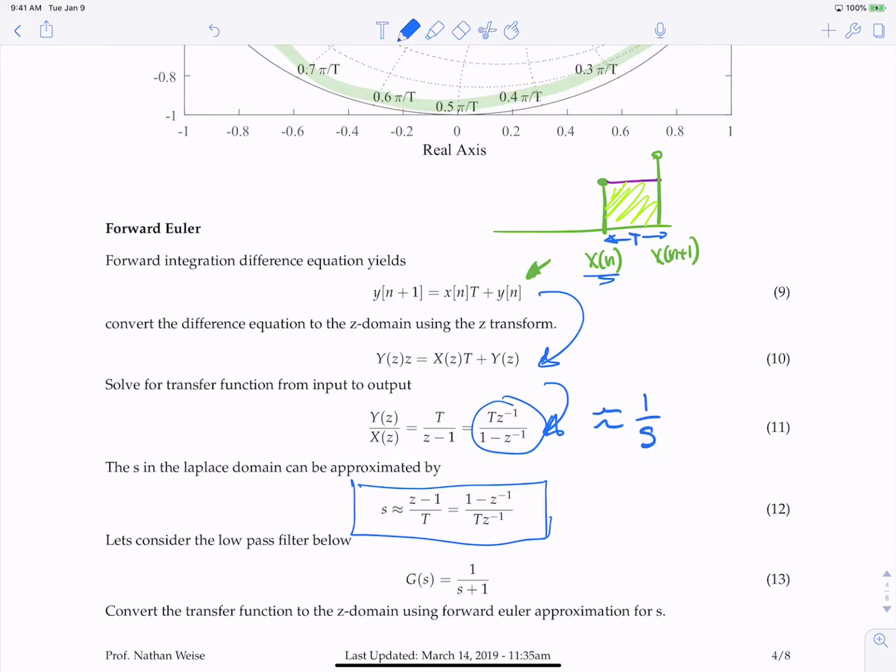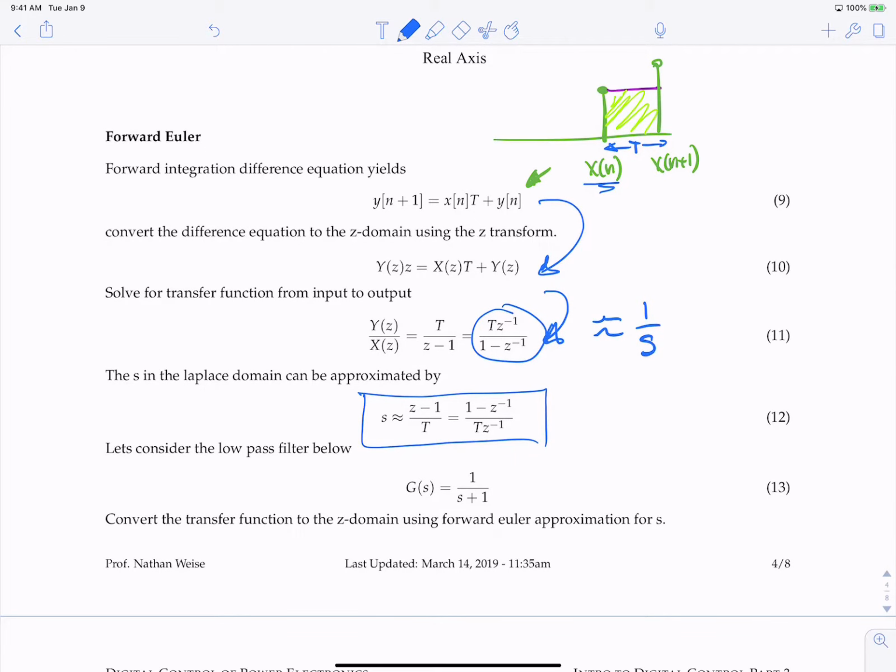Essentially, we're going to say that s is approximating this right here. And it's 1 over s, so that's why we have flipped these. So this is going to allow us to transfer a controller or filter or something we design in the continuous time to the discrete time by using this approximation here.